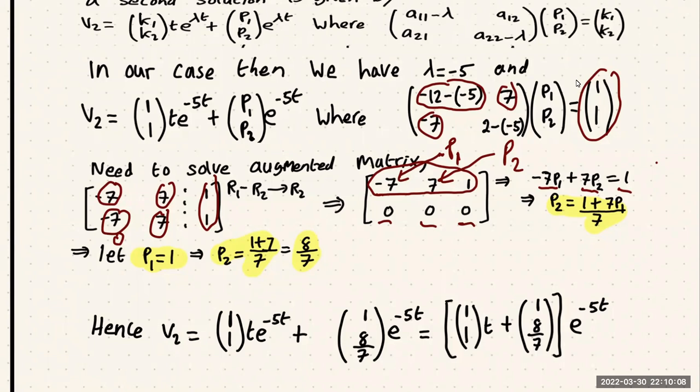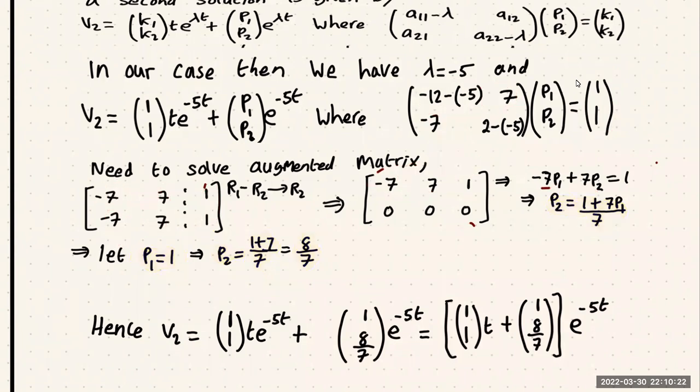Okay, so now we can write our solutions. Now we can use up here, our V2 will be equal to this: our (1, 1) t e to the negative 5t, plus (P1, P2) e to the negative 5t. And our P1 was 1 and our P2 is 8/7.